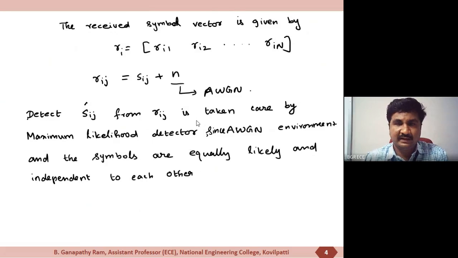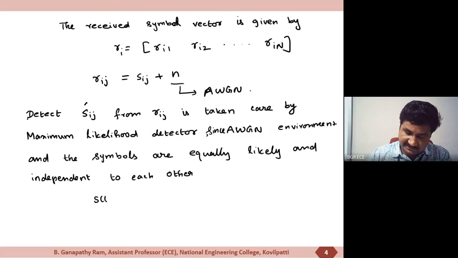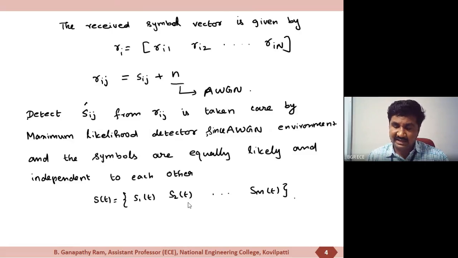That is, if we have m symbols represented by S1 of t, S2 of t up to Sm of t, each symbol S1 of t is independent of S2 of t, and S2 of t is independent of S3 of t, and likewise, each of the symbols is independent. Hence we can determine the maximum likelihood detection.